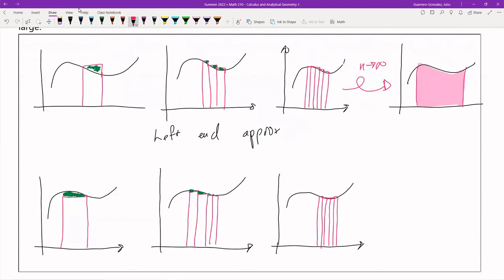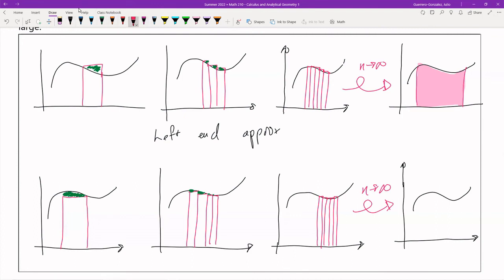Notice that the error, the over or under approximation here, is now much smaller still. We continue doing this over and over and over again as n approaches infinity until, a little bigger, there we go.